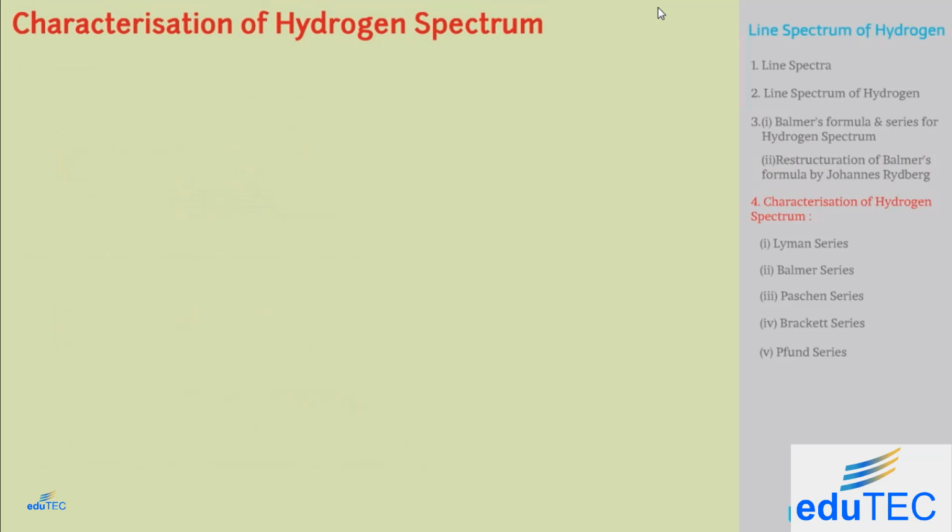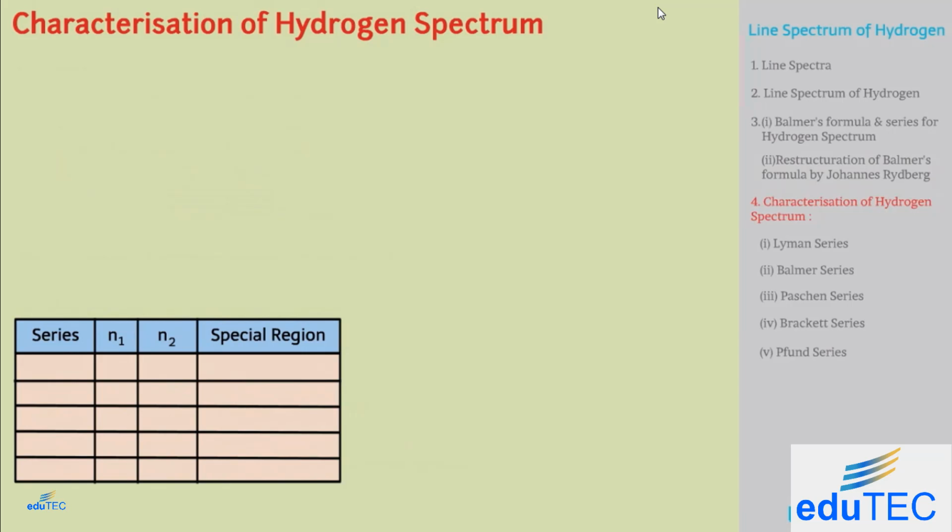The lines in the emission spectrum of hydrogen are characterized by 5 series.